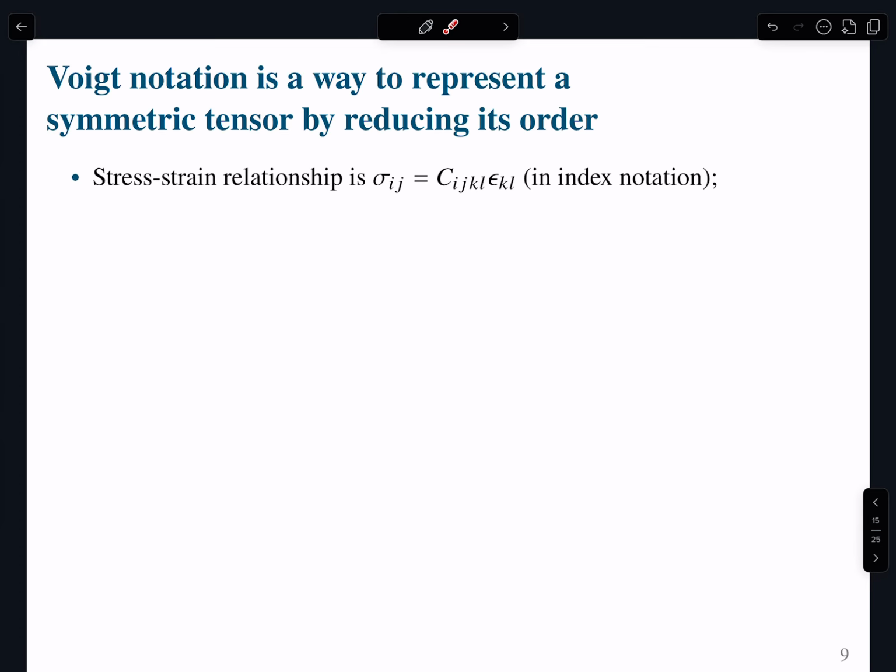And so we are going to use the so-called Voigt notation, right? In essence, Voigt notation gives us a way to reduce the dimensionality of our tensors for computation. If you recall, the constitutive matrix is a fourth order tensor that is relating second order tensors, right?